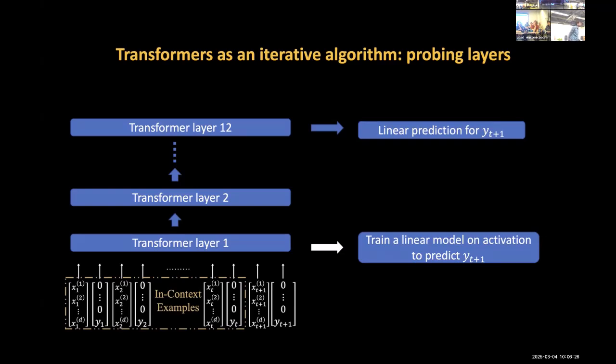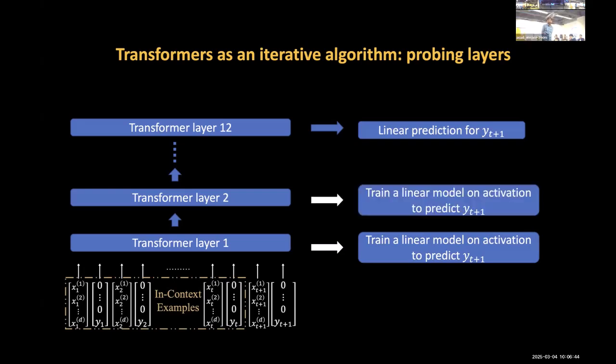Is it possible that you need information from previous layers to know what a layer would do? Yes, I think it is possible. For example, what the second layer is doing might be using something the first layer is doing.